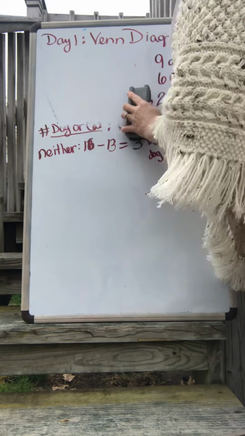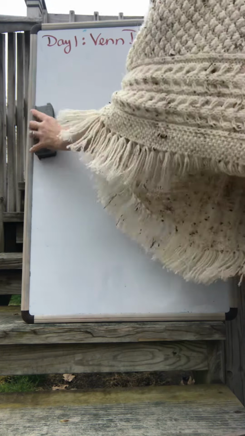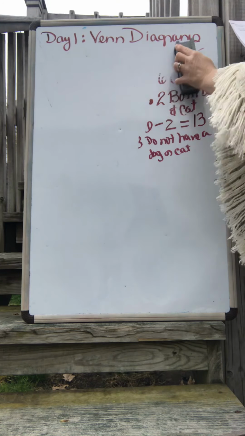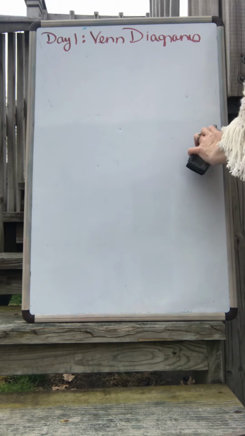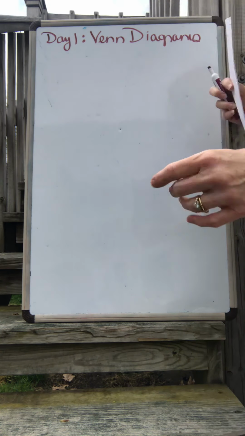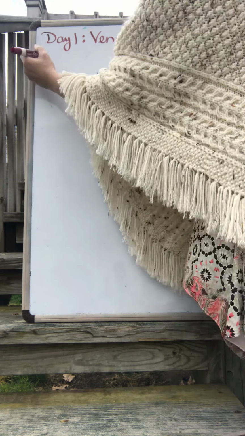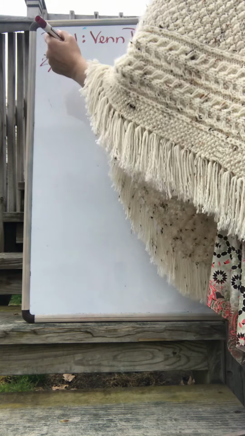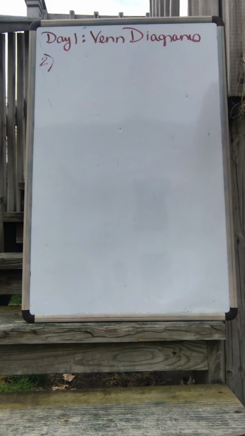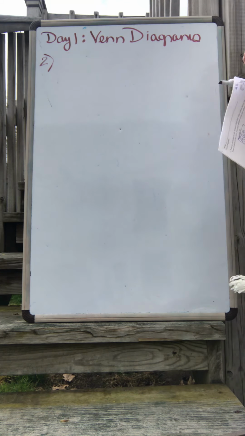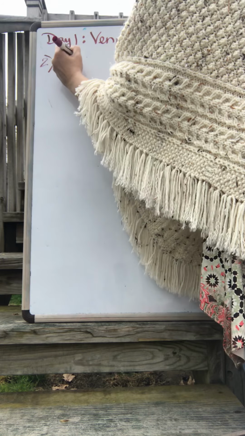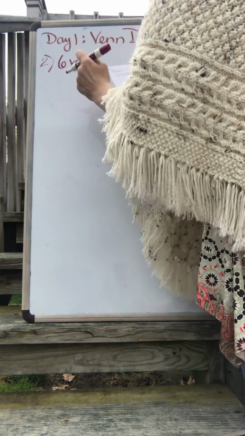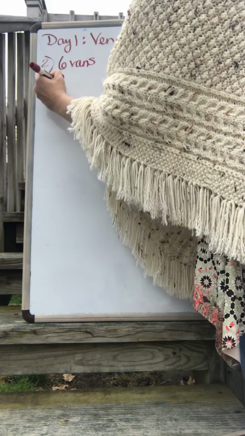They have 6 vans and they have 8 red vehicles. So that looks like what we're talking about, vans and red vehicles. So question number 2, my important information. Six vans and 8 red vehicles.